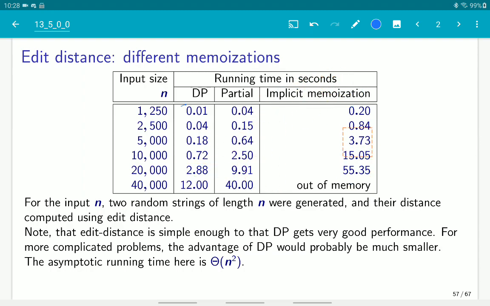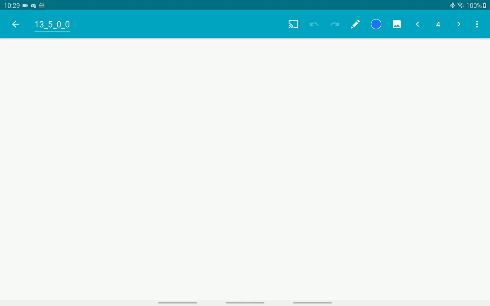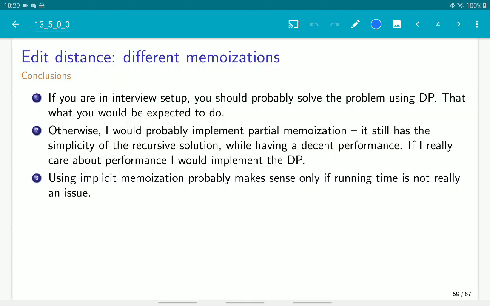Anyway, it does show that asymptotically it doesn't matter. If you do implicit memoization or dynamic program, you get different running times, but the difference is only a small constant, and you might just not care in practice. Right, so that's all I have to say.